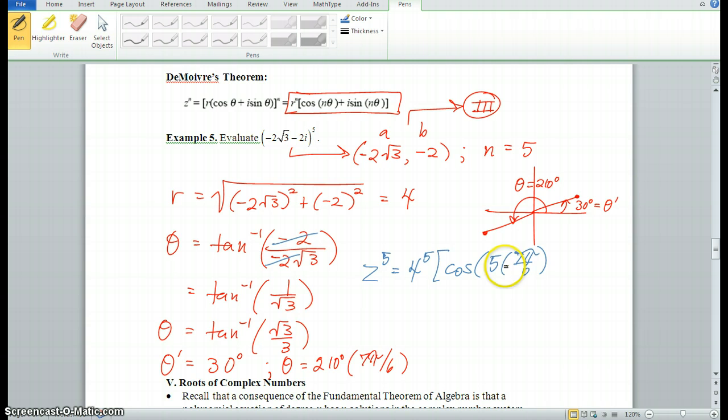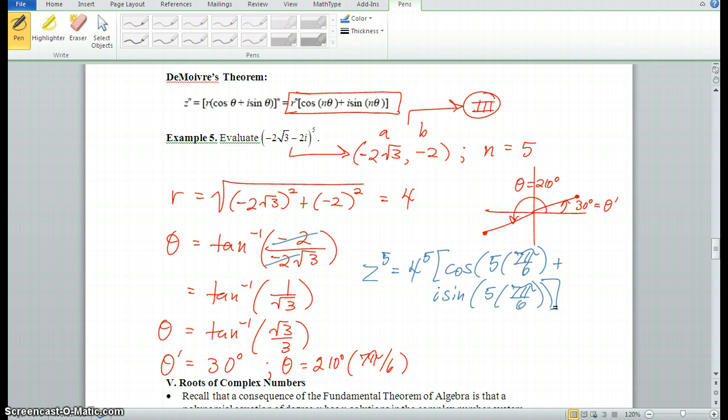And maybe what I'll do is I'll use 210 degrees in my calculations, but maybe write my final answer in the next step, showing that it could be done with both. But in this next step here, radians is fine, plus i sine 5 times 7 pi over 6. Okay.